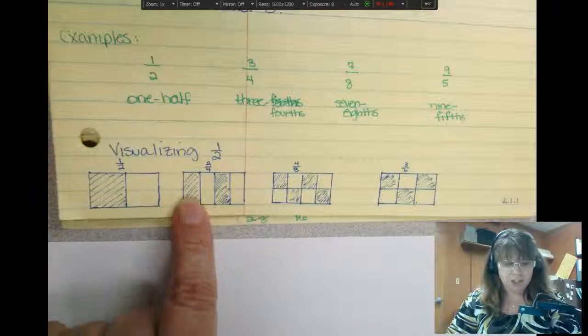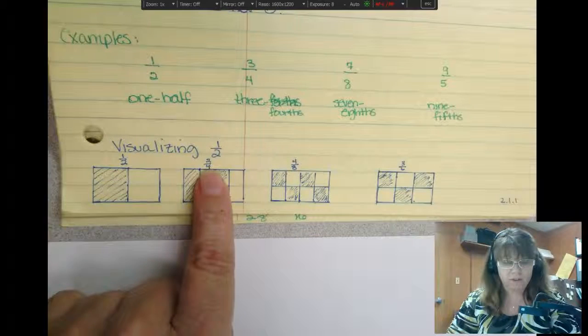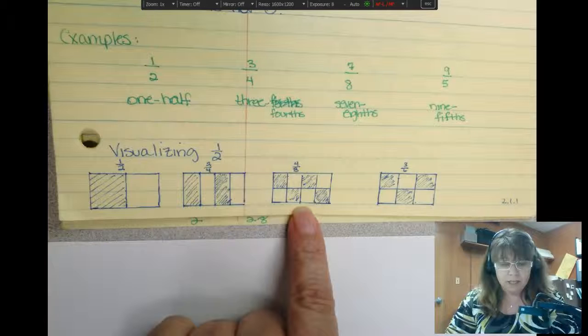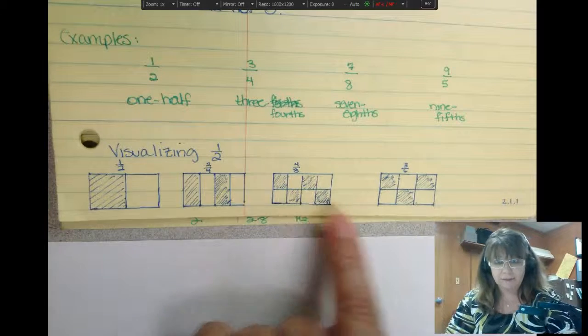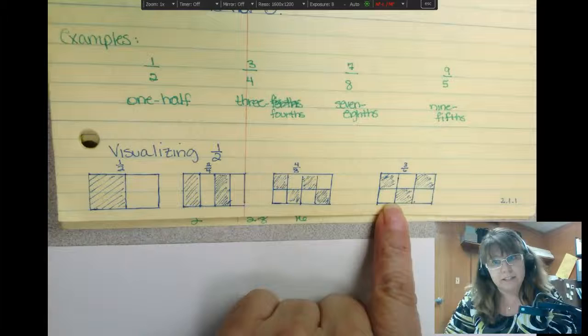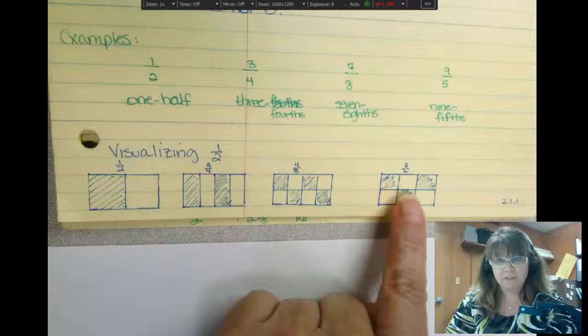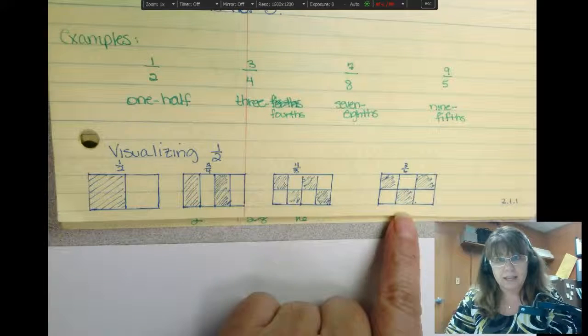But in this case, I've shaded 2 of the 4, so it's 2/4. Again, it's still 1/2 of the full shape. Here I have 8 spots, and I've shaded half of them, which is 4, so it would be 4/8. Again, it's still 1/2. And here is a rectangle that has 6 squares, and I have shaded half of them, or 3 of the 6. And it's still 1/2.